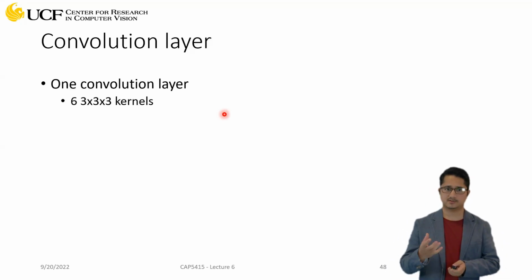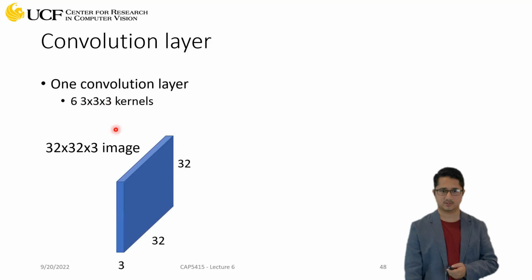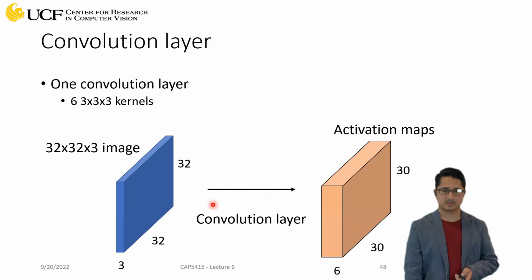Now let's try to understand that using a very concrete example. Let's say we have a convolution layer where we have 6 different kernels, and each kernel has shape 3 cross 3 cross 3. This was your input image, height and width 32 cross 32. It has 3 channels, it's a colored RGB image. And this convolution layer, which has 6 kernels of this shape, will give you 6 different activation maps, right?